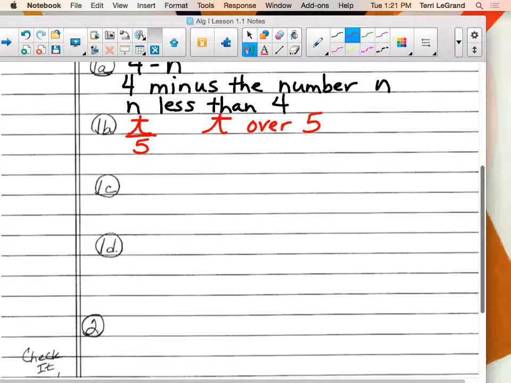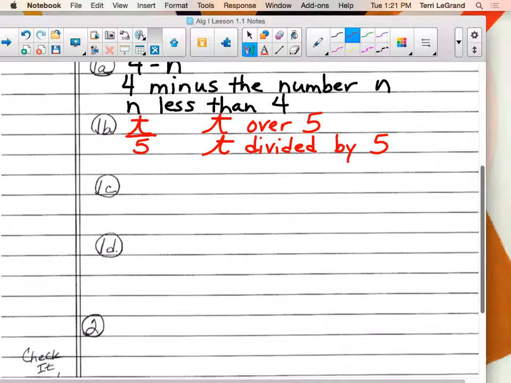Does order matter in division? Yes. T divided by 5, okay, well, I guess we can go with that. T split into 5 equal groups. There's all kinds of ways we could write this. We just have to make sure that we understand what division means.